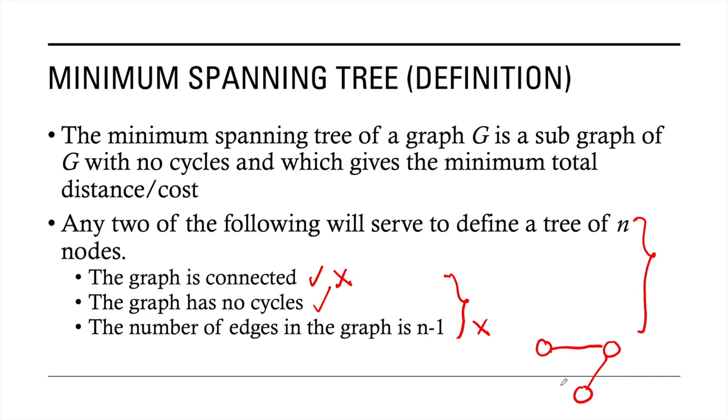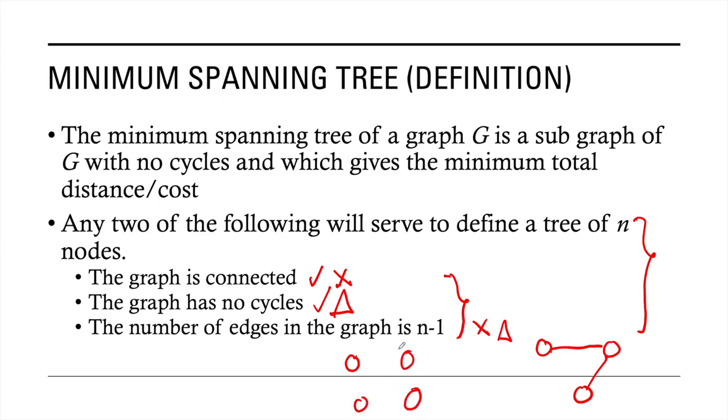And finally, if your graph doesn't have a cycle, and the number of edges is also n minus 1, then surely the graph is connected. Why? Because the only time the graph is not connected is if you have n minus 1 edges, but there exists some cycle. So for example, let's say you have a graph with 4 nodes.